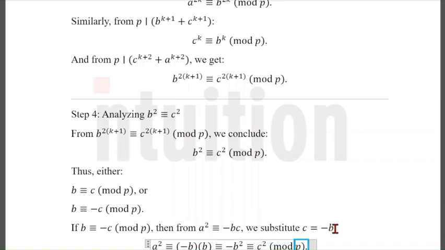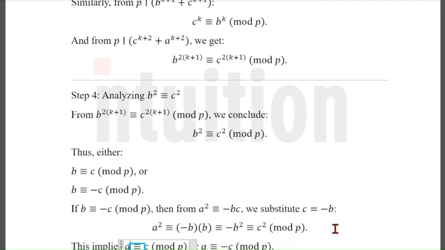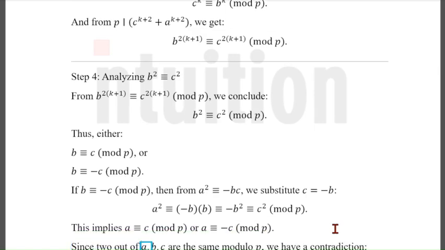This implies a ≡ c (mod p) or a ≡ -c (mod p). Since 2 out of a, b, c are the same modulo p, we have a contradiction.